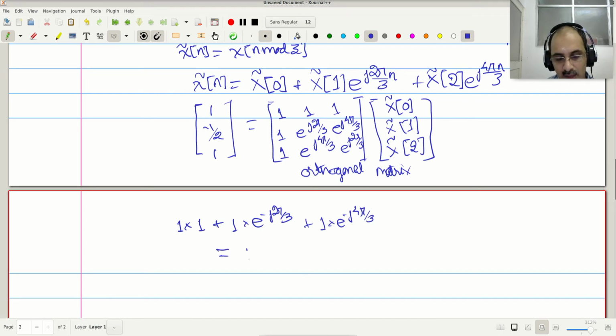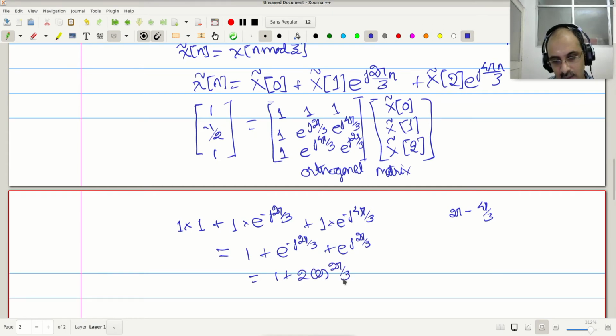Okay, this is equal to 1 plus e power minus j 2 pi by 3 plus, and remember, if I look at e power minus j 4 pi by 3, if you look at 2 pi minus 4 pi by 3, that leads to e power plus j 2 pi by 3. So this is 1 plus 2 cos 2 pi by 3. Now cos 120 degrees is minus half, so minus half and half, so this is going to be 0.